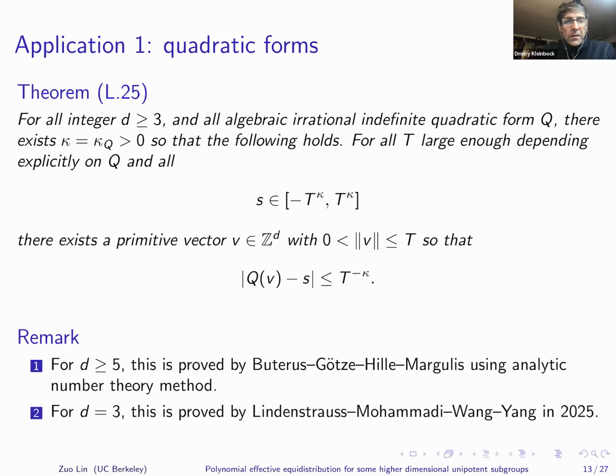So algebraic quadratic form means that all coefficients are algebraic? Yeah. All coefficients are algebraic and it is irrational. But can you replace it by a quadratic form with coefficients not sufficiently well approximable by something? Yeah. You can replace it by the coefficients being Diophantine, and then you have a similar result.